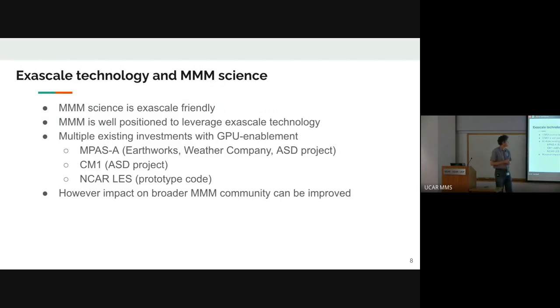It's also well positioned to leverage existing exascale technology. This is because there have been multiple investments already made, for example, in GPU enablement. The MPAS-A work was supported through, I'm probably missing people here, the Earthworks project, Weather Company, an ASD project, the CM1 effort that was recently an ASD project, and the NCAR-LES. This is a prototype code that Ned Patton has been working on.